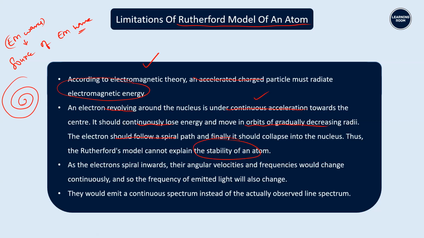Next, as the electrons spiral inward, their angular velocities and frequencies would change continuously, and so the frequency of emitted light will also change.